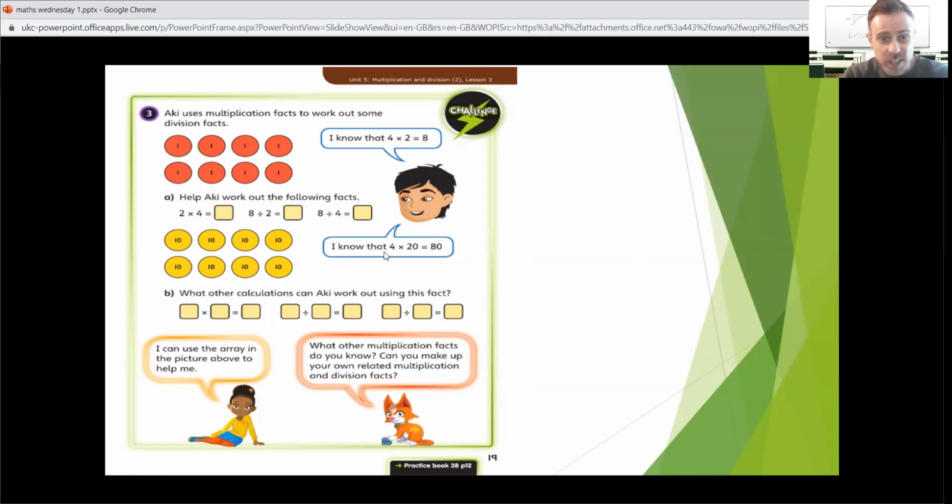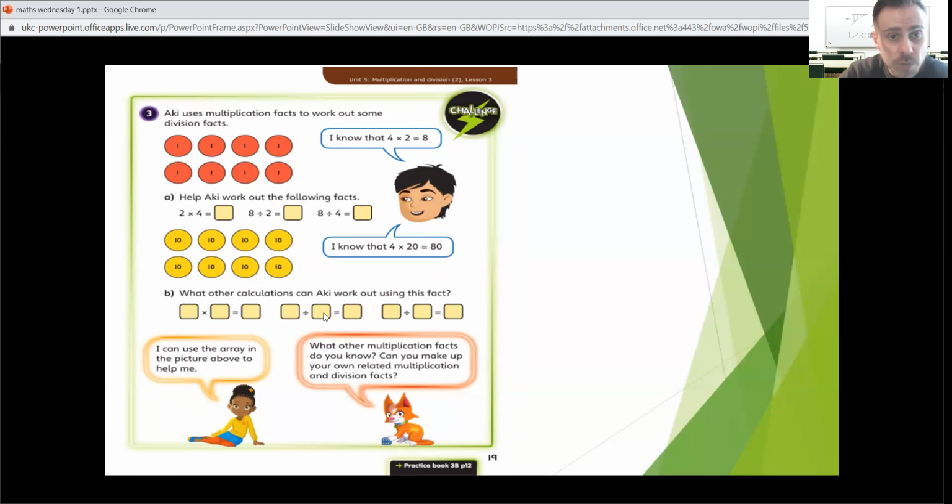Now he's saying, I know that 4 times 20 equals 80. So he's using his related calculation skills there, which is great. So what other calculations can Aki work out using these facts? So you could have here, instead of this 4 times 20, you could have put 2 times 40, and that'd get 80 as well. So that'd be quite a nice one.